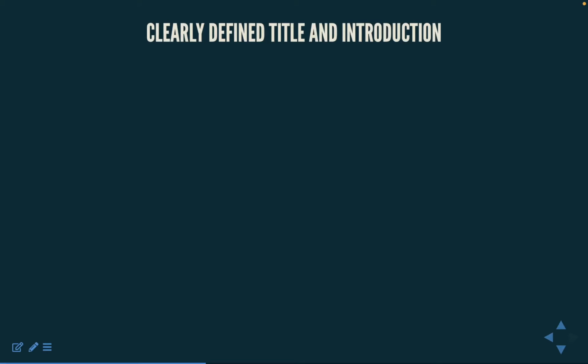So, clearly define your title and your introduction. We need to make sure that we get our titles just right. This may sound really obvious, but it is often given little attention by some people writing. We need to make sure that it is clear and accurate, and a literate research proposal title should be those things.